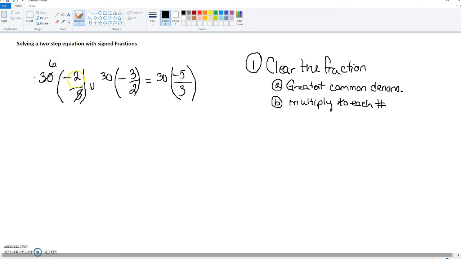Now we're going to take these two numbers, don't forget them, and multiply them together. So 6 times negative 2 gets us negative 12. Next one we're going to do is 30 divided by 2. That's 15.